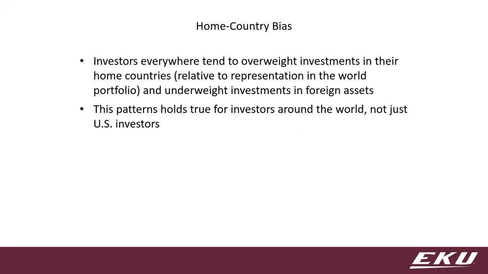There's a lot of familiarity. There are a lot of reasons why this is true, but this bias does exist. So this is something we have to be careful of, because you may not get appropriate returns without proper diversification.